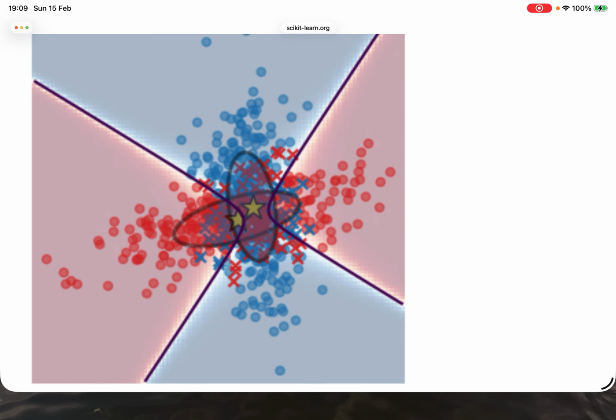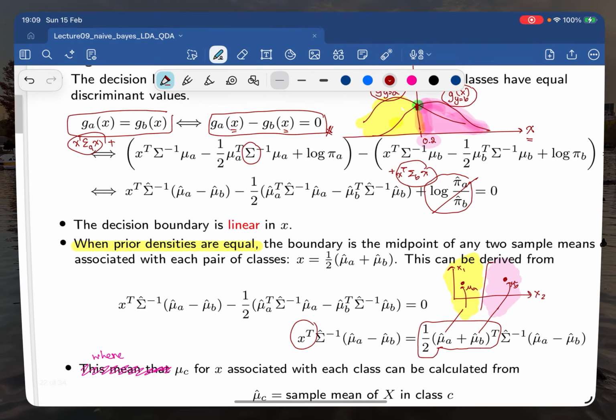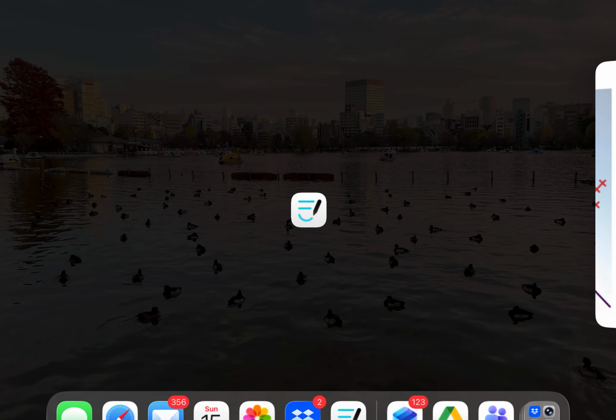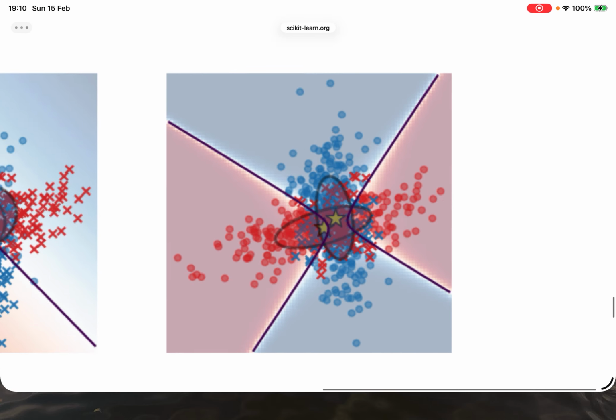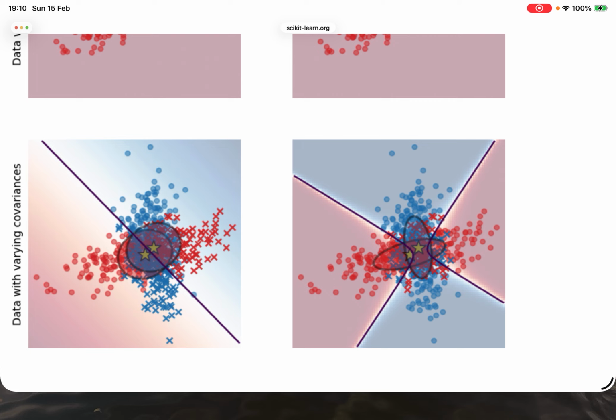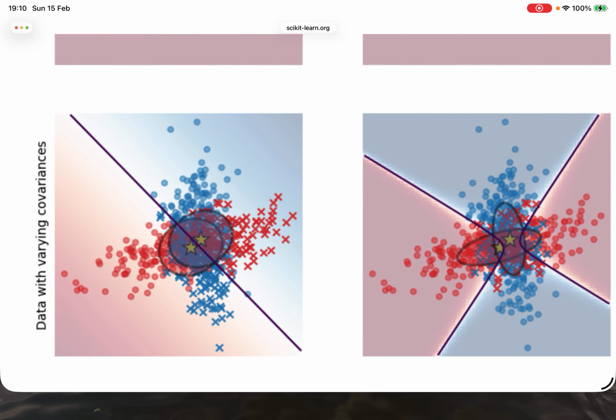I wouldn't cover it here, but I think it's a good idea for you to look into it. The reason that we want to have this decision boundary is because we want to see how our data distribution is seen by the classifier and how the classifier is making those decisions.